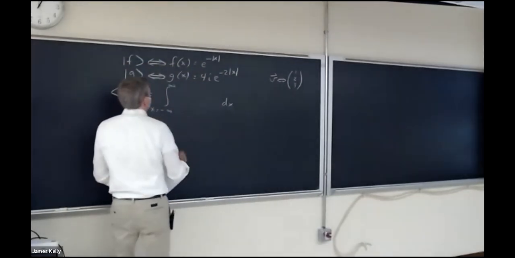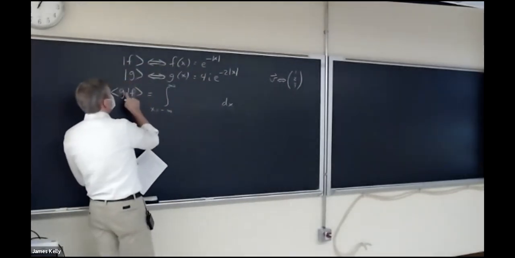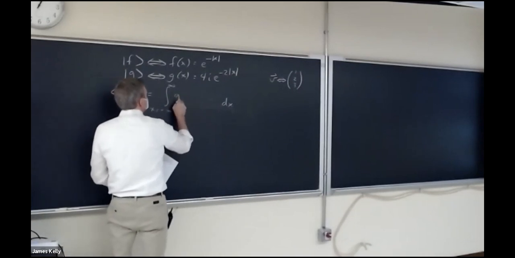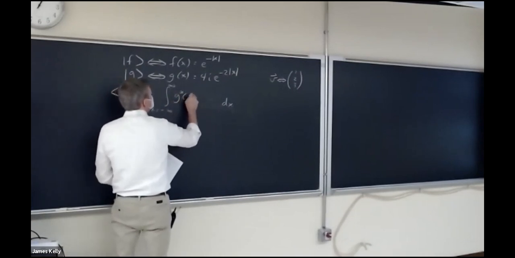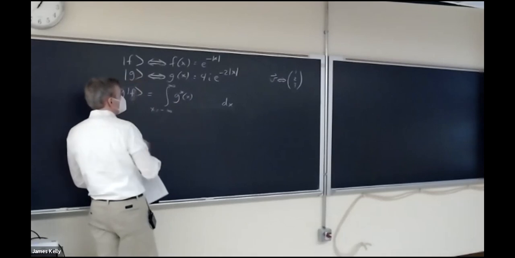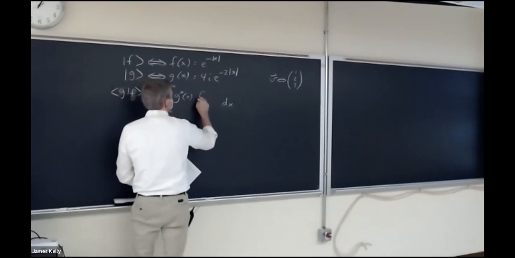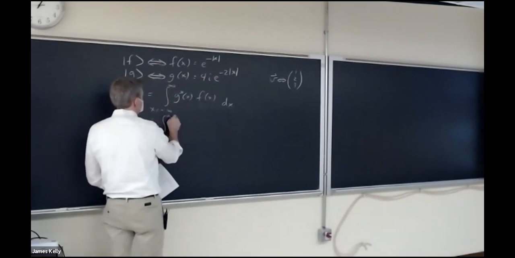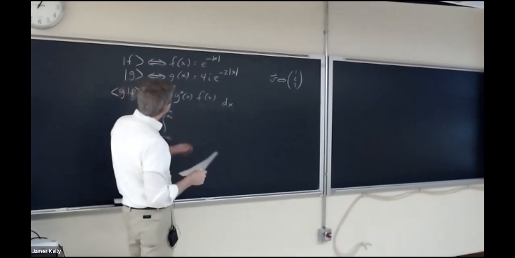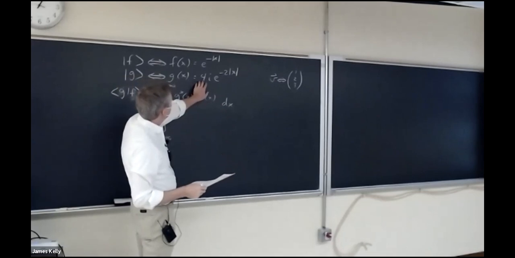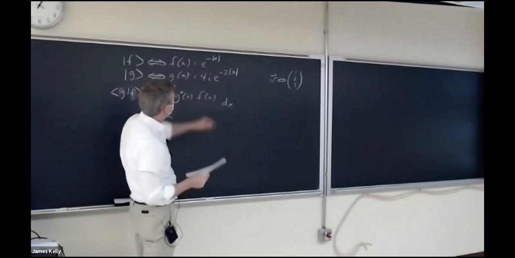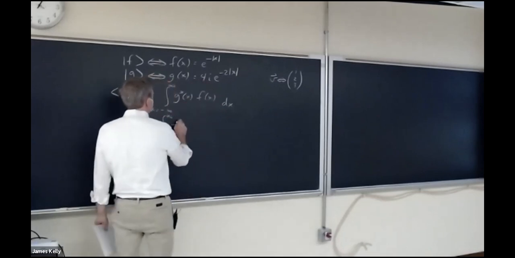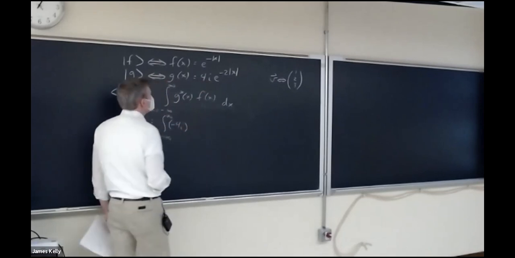When we do this, the definition is whichever one appears first in the inner product gets a star on its function of x in order to compute this inner product, and the other one doesn't. So that's the integral from minus infinity to infinity of, this one needs a star. Now the only i there is out in front, so the 4i turns into a minus 4i, right?